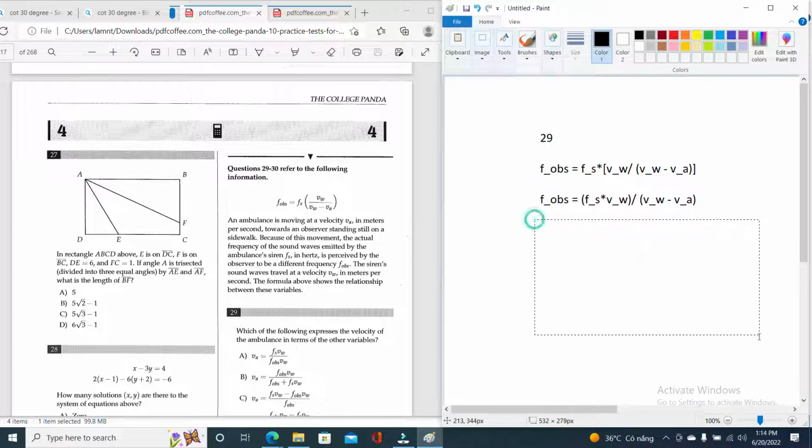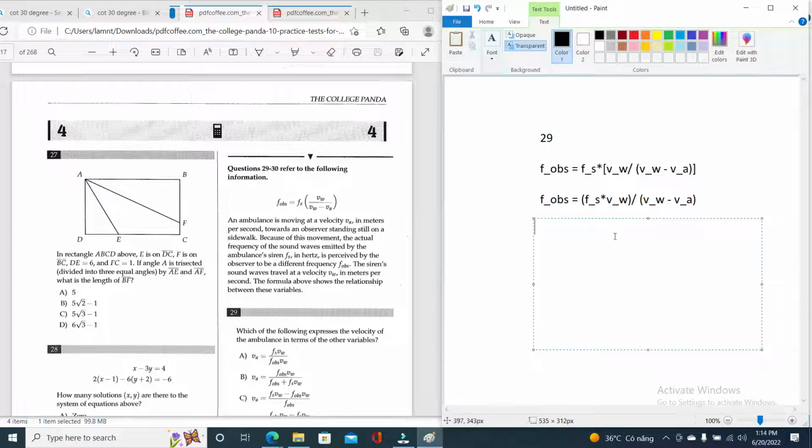So to this point, VW minus VA is equal to... Okay, so we're going to multiply it.